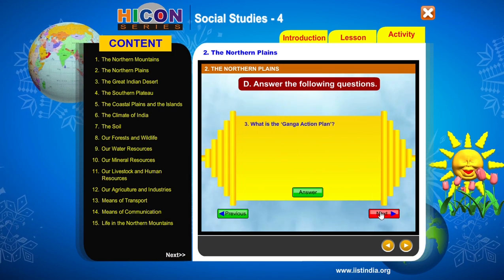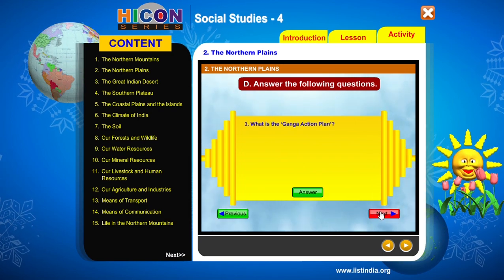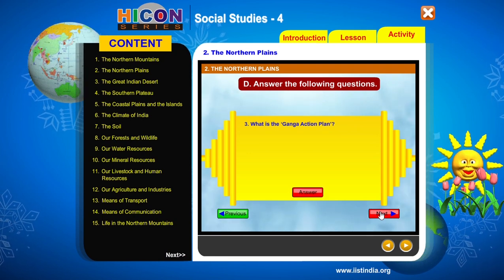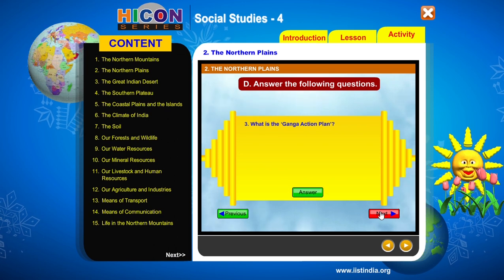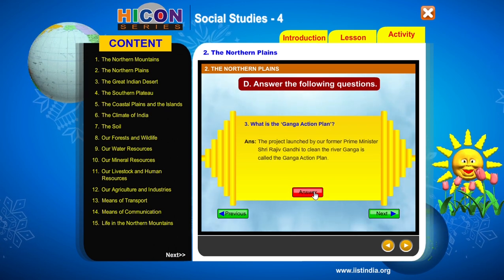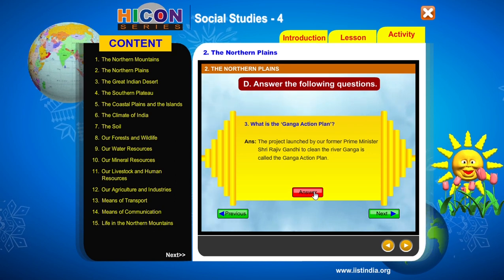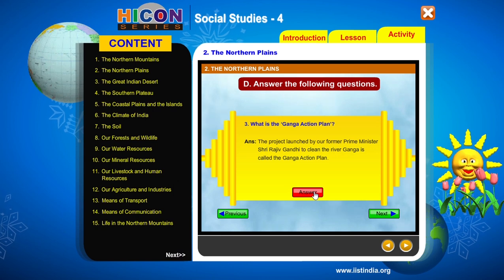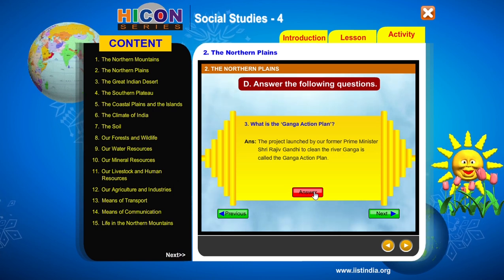What is the Ganga Action Plan? So we have seen that the Prime Minister Sri Rajiv Gandhi had initiated the Ganga Action Plan, isn't it? So what is the Ganga Action Plan? The project launched by our former Prime Minister Sri Rajiv Gandhi to clean the river Ganga is called the Ganga Action Plan.